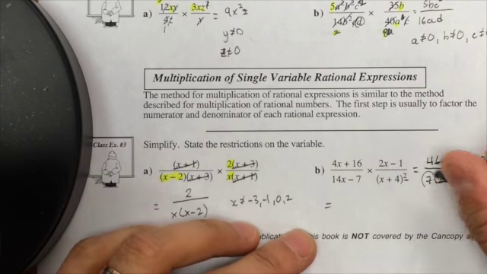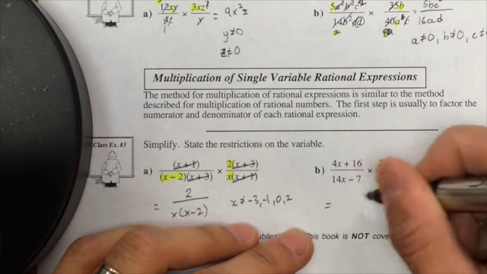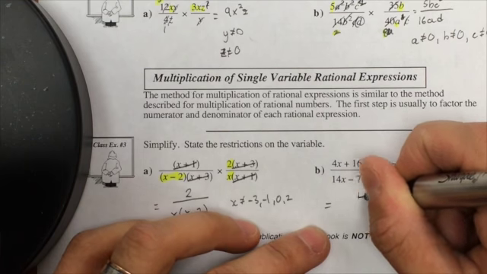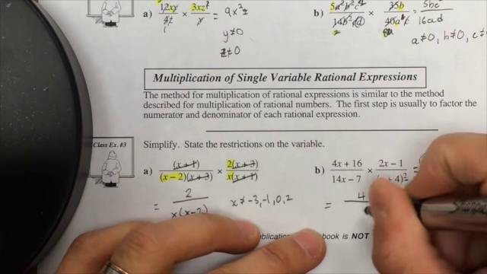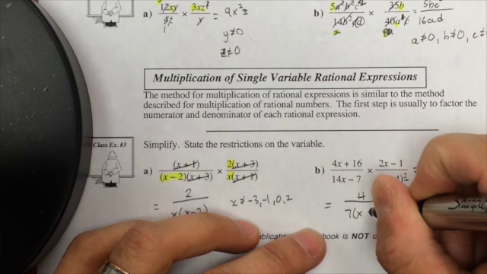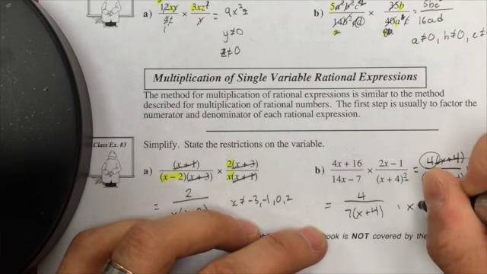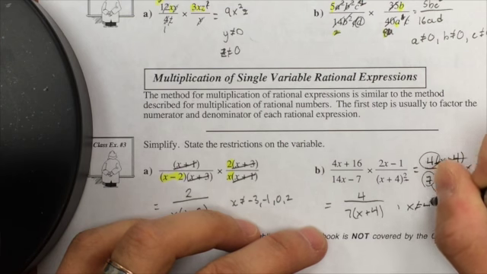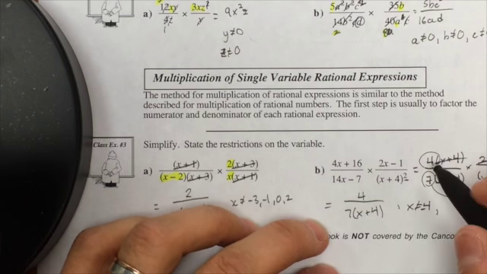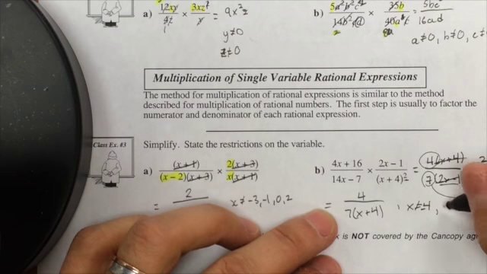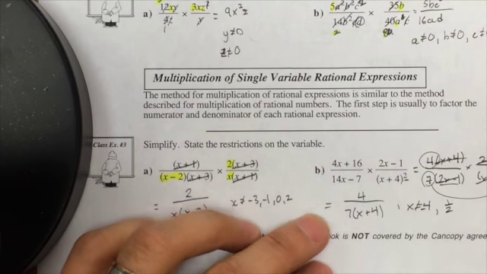And so if I multiply the 7 by this x plus 4, and then this 4 by nothing, or by 1 essentially, then I'm going to be left with 4 over 7 times x plus 4. And then my restrictions, x can't equal 4, and that's a -4. And if I look at my restriction with the 2x minus 1, x also can't equal 1/2.